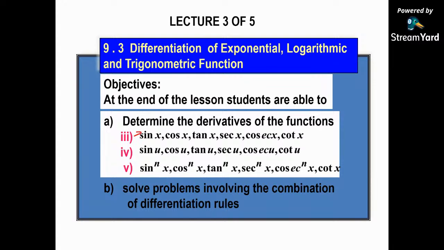This one is quite basic, so we have everything with x. For the second one, that simply means that you have another function rather than x over here, perhaps sine of x squared, and so on. So sine to the power of n x. Instead of having sine x, you are going to get something like sine square or sine cube or sine to the power of 4. So that is what they mean over here.